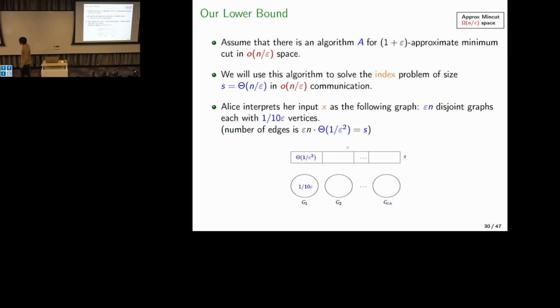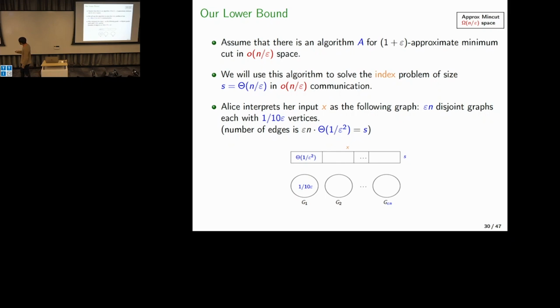So what Alice is going to do is interpret her string as a bunch of disjoint graphs. Think of the string S, which is of size roughly n over epsilon. Alice partitions it into chunks of size roughly 1 over epsilon squared. And what does this chunk represent?